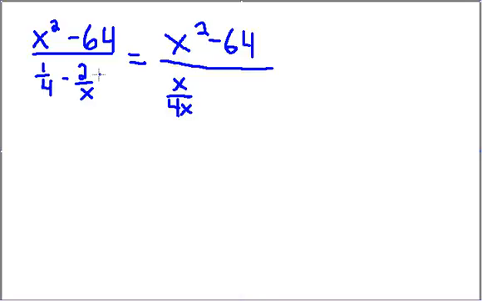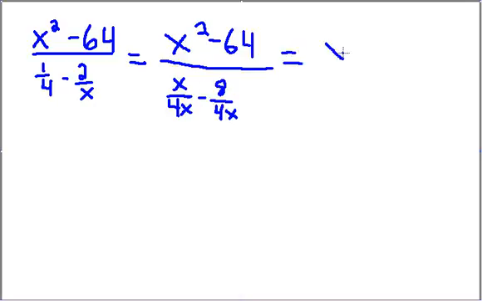Now over here for our 2 over x, we're going to take our denominator here of 4 and multiply it by the top and bottom. 4 times 2 is 8. 4 times x is 4x. We now have the same denominator, so we can now combine these together.